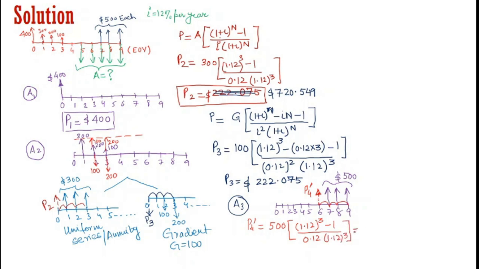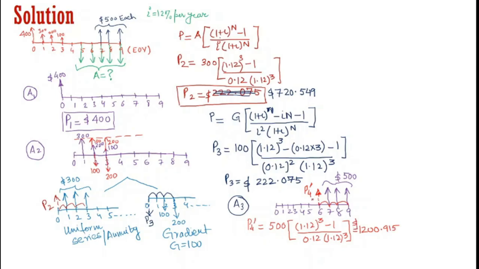The numerical value comes out to be $1,200.915. This is the value for this series.